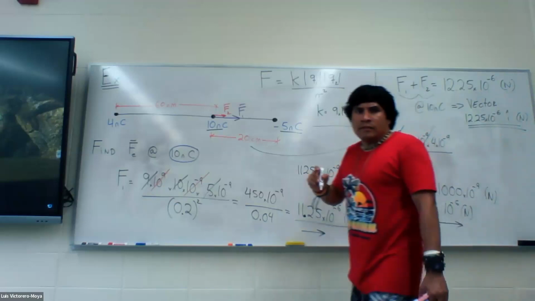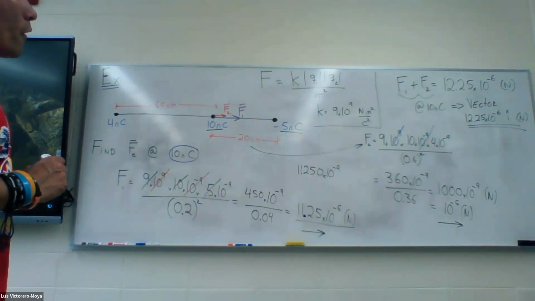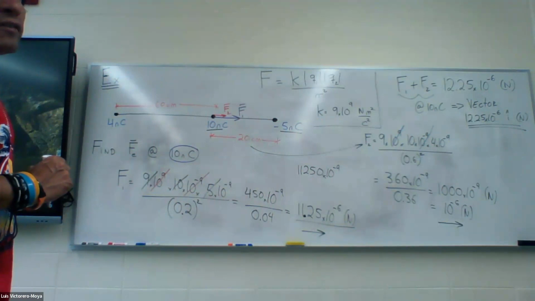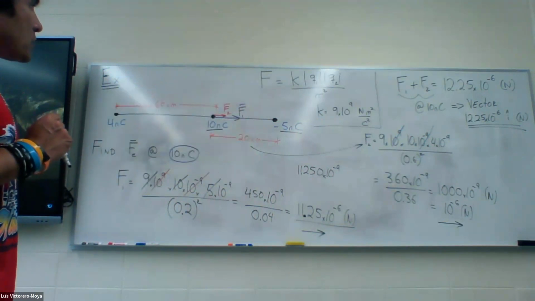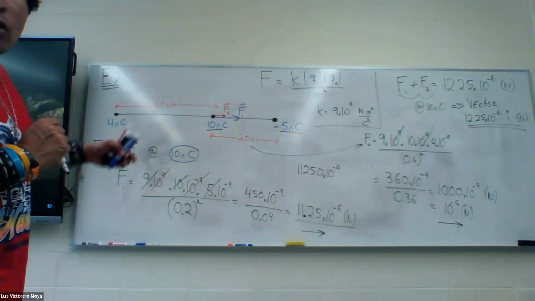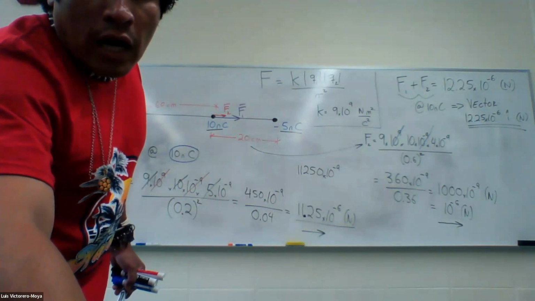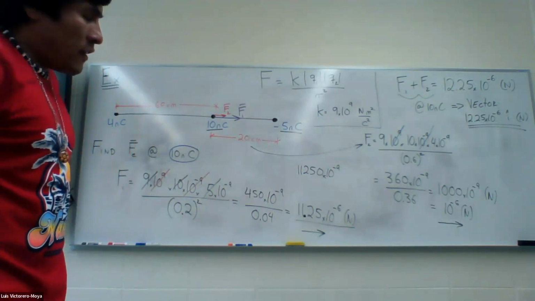That will be your final answer for that question. Now, you see, I use the equation twice because there are 3 charges, and I look at the force acting on 10 nanocoulombs, right? I don't know if you guys have any questions regarding this.